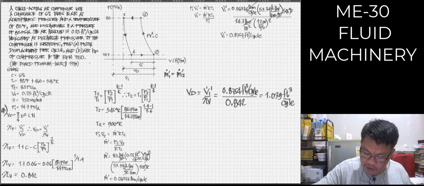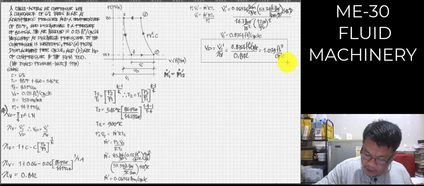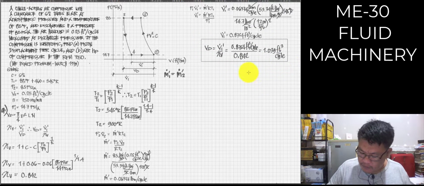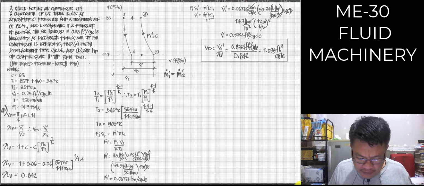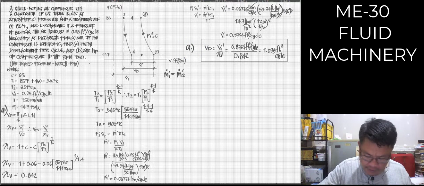Okay, so we have 1.039 cubic feet per second. So let's box the answer here. That is the answer for letter A. Now let's go to letter B.